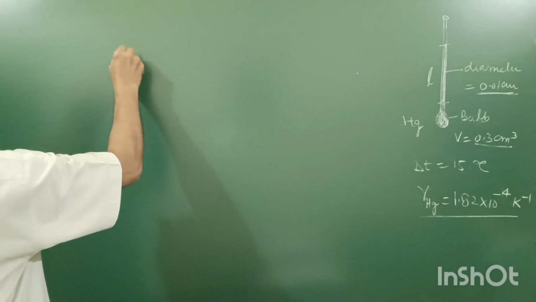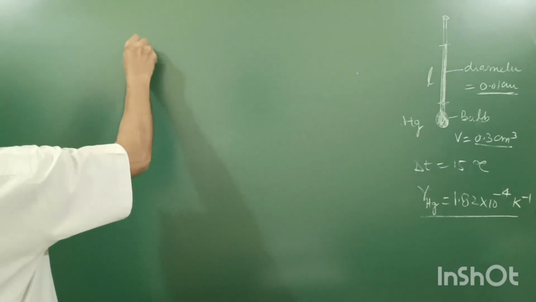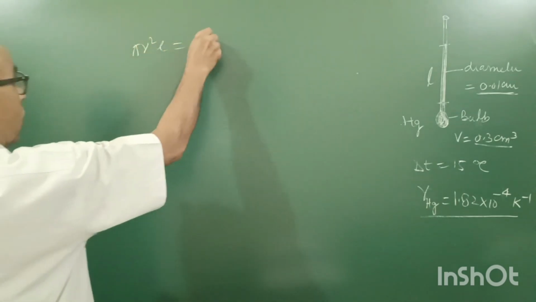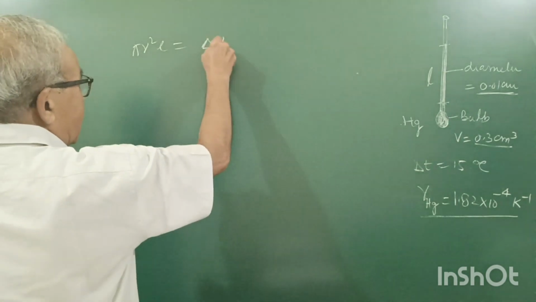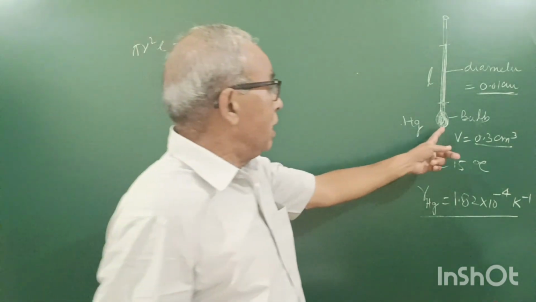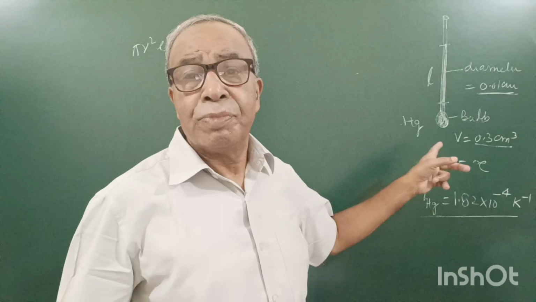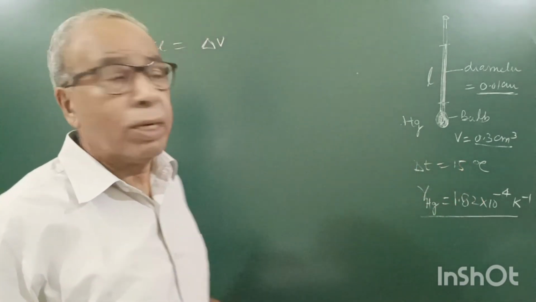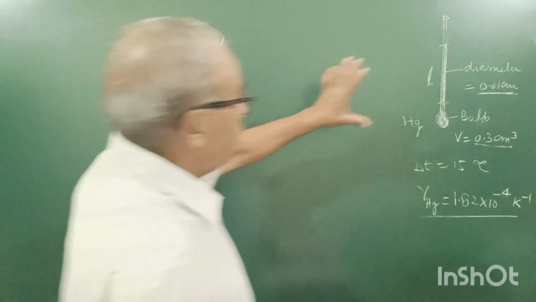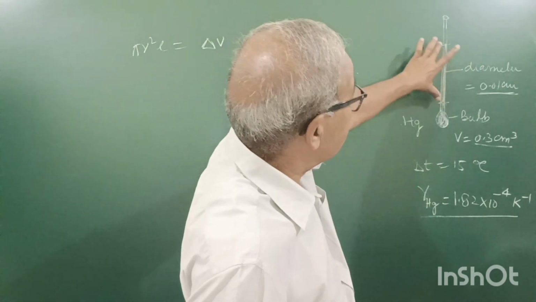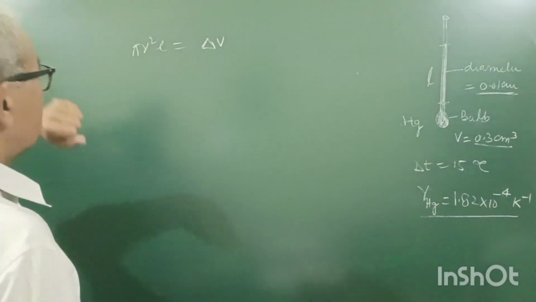So the increase in volume, pi r square L, will be equal to delta V. What is delta V? The increase in volume of mercury. The increase in volume of mercury, delta V, is equal to the volume of the mercury thread in the thermometer.